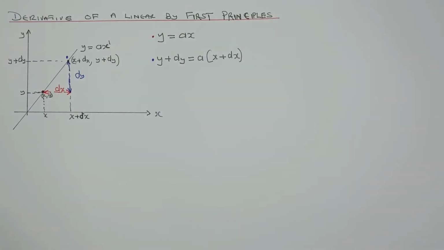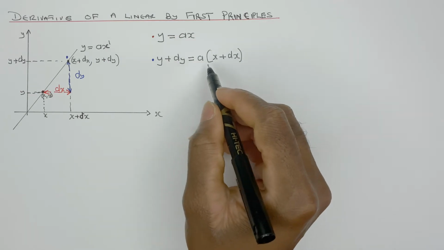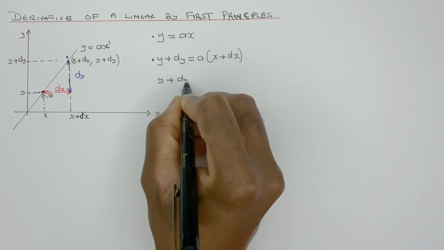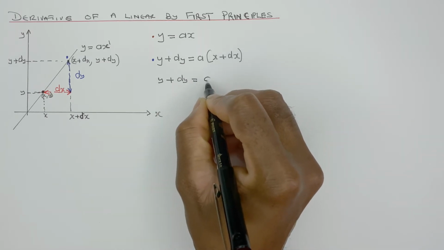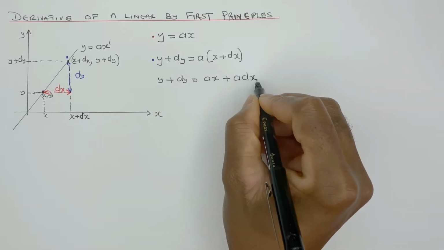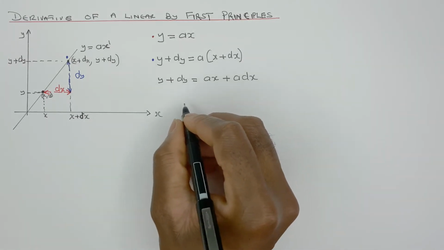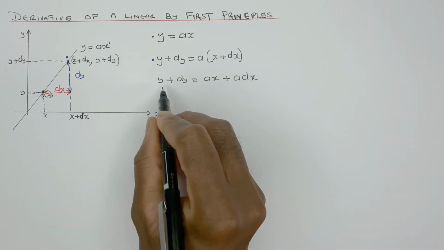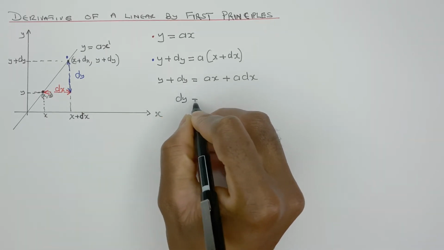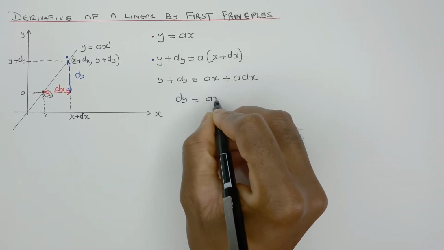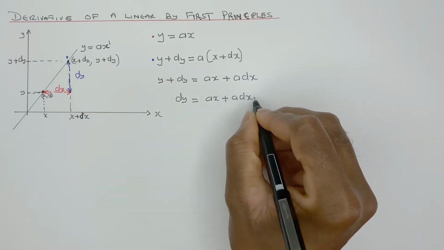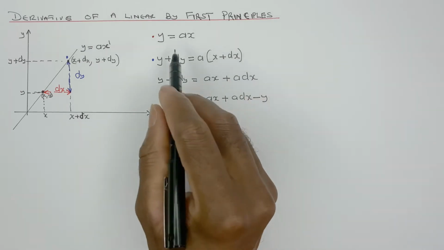Now what I need to do is expand this bracket. Y plus dy equals ax plus a dx. Now, what I need to do is take y to the other side. So I get dy equals ax plus a dx minus y. But we know what y is.